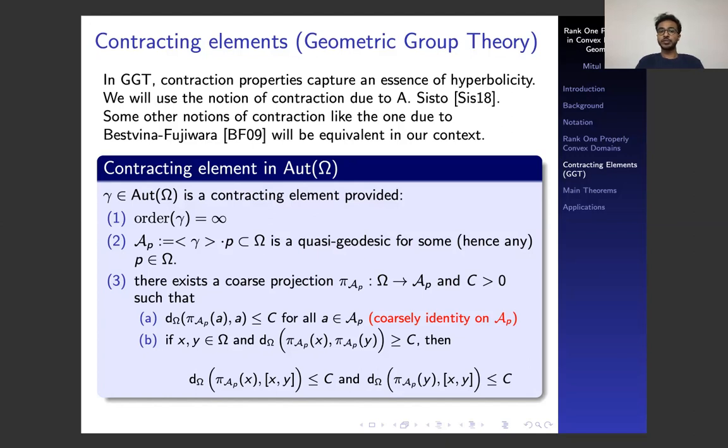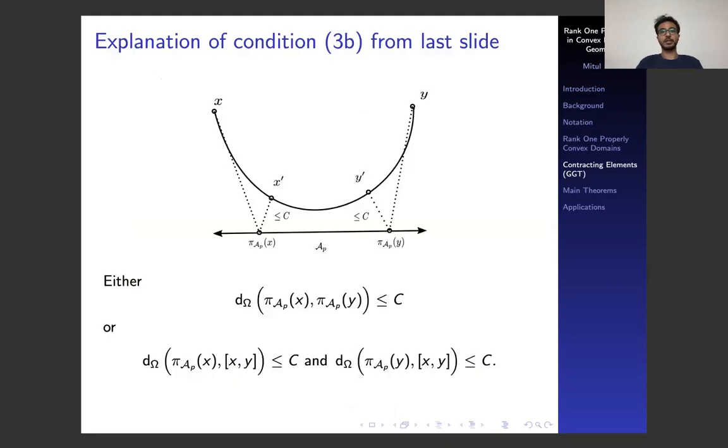The condition 3B is quite cumbersome, the way it is rigorously written out. So I suggest that you please follow me onto the next slide where there is a picture describing the condition 3B. It says that given any 2 points x and y in omega, look at their projections pi(x) and pi(y) on A_p.